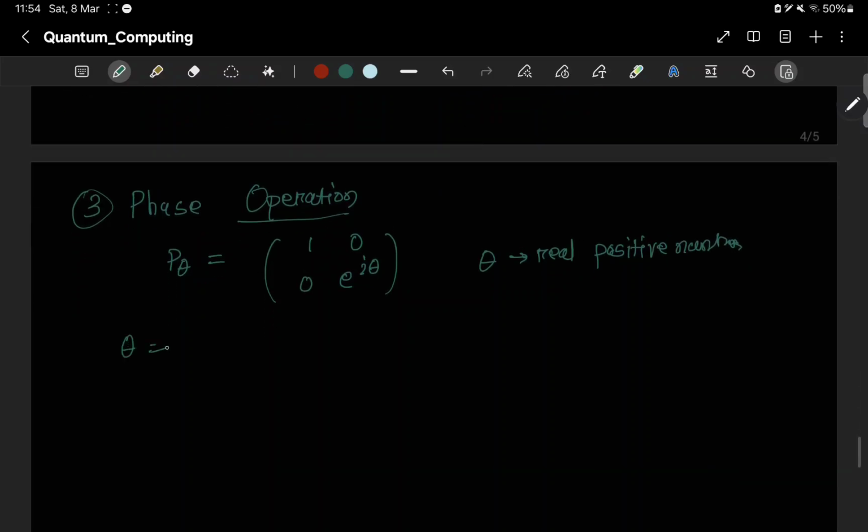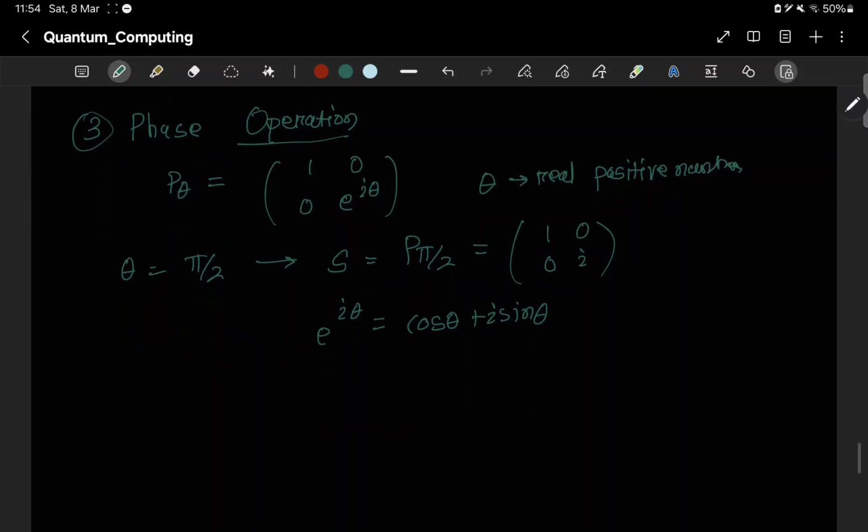Let's say theta is equal to pi by 2, we call this operation S and it represents a 90-degree rotation. And in matrix form it becomes 1 0 0 i. If you remember, e to the i theta is equal to cos theta plus i sin theta. So if you put pi by 2, sin theta becomes 1 and cos theta becomes 0. So it gives us i.